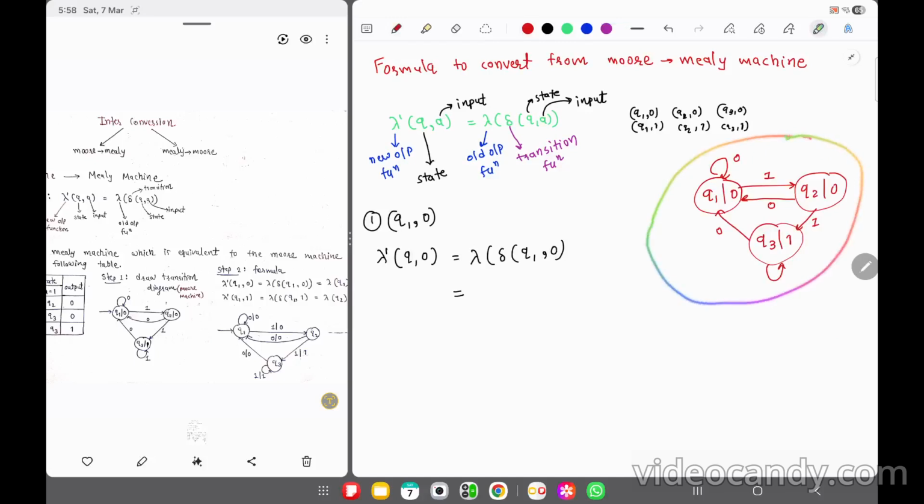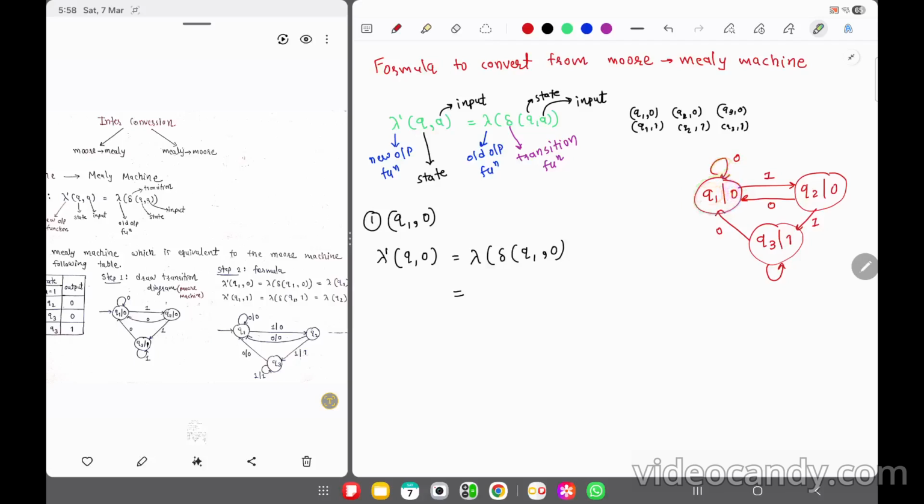From this, we can answer: if we give Q1 the input 0, where are we going and what is the output? We go to the Q1 state itself, and the output of Q1 is 0.